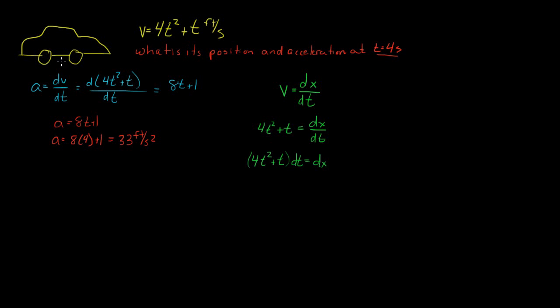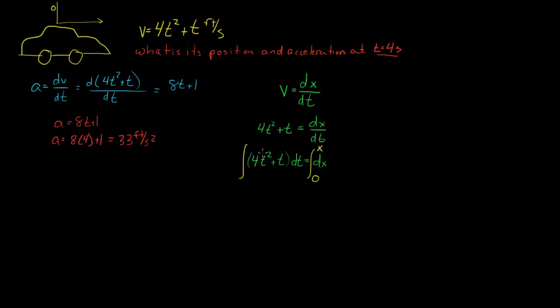And now when we integrate, we're going to have to figure out what our bounds are. Well, we know we're interested in how far this has moved, so this is unknown. It's going to be x, and we're going to assume that it starts at a 0 point. So at time equal to 0, our car is at some 0 point.